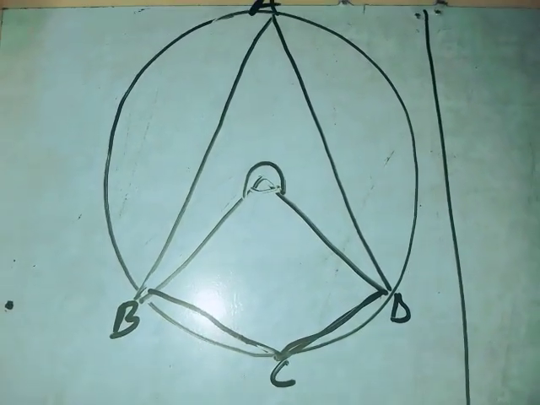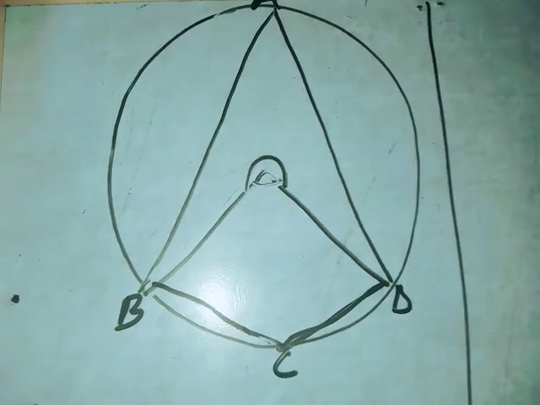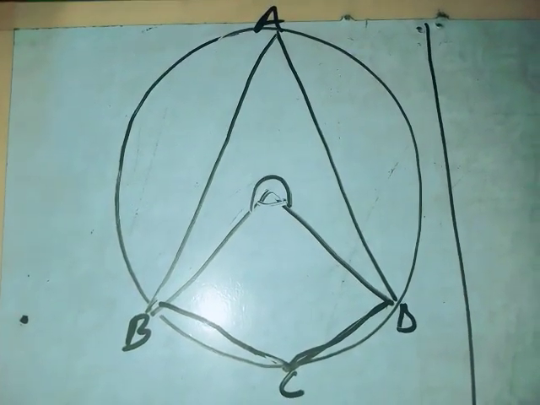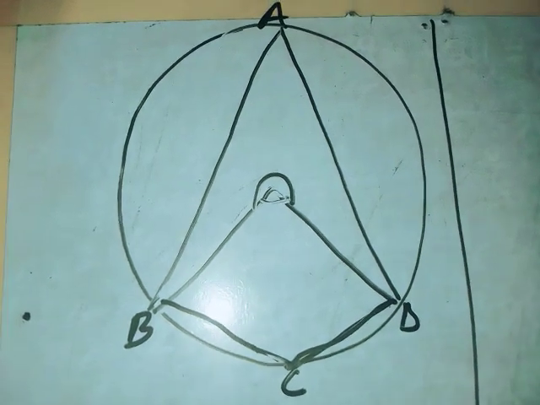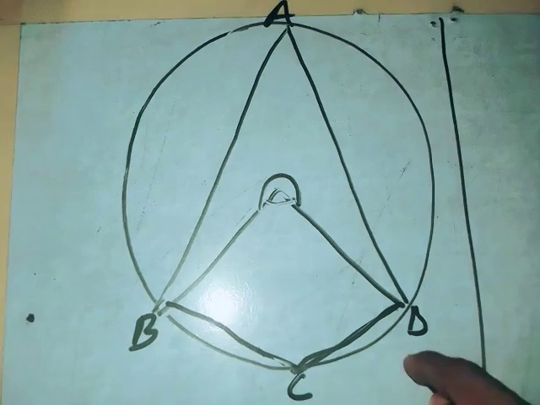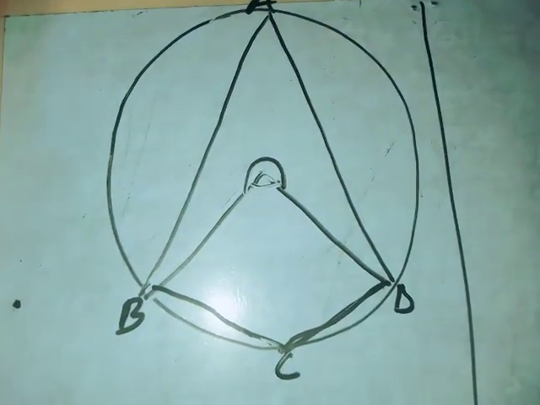Now I repeat that the theorem states that the sum of the opposite interior angles of a cyclic quadrilateral is 180 degrees. That means we have to prove that this angle, which is opposite to this angle, sum to 180 degrees. Let's prove.